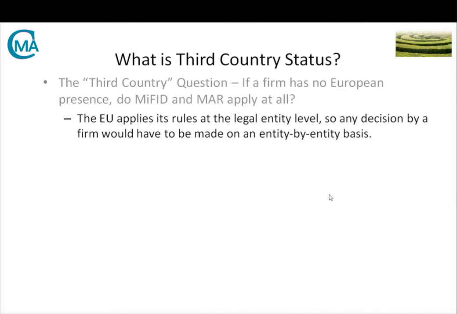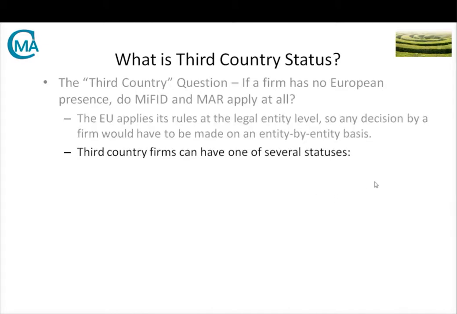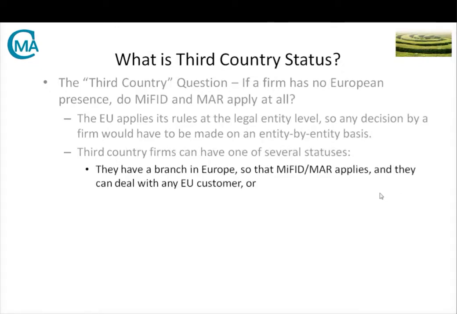Okay, so let's look at what they actually say about third country firms, that is, a firm which is headquartered outside the EU. If you have a branch in Europe, that entity is now subject to MiFID and MAR and can deal with any customer in the EU.